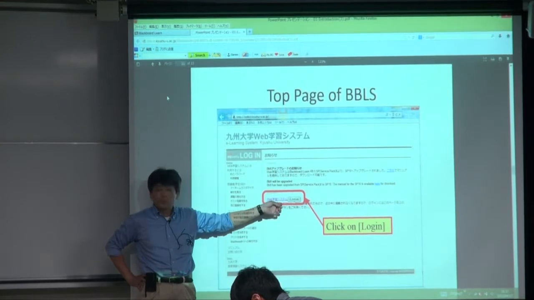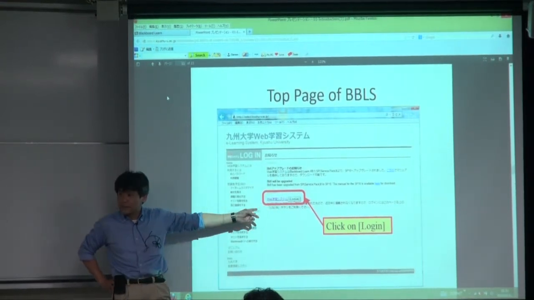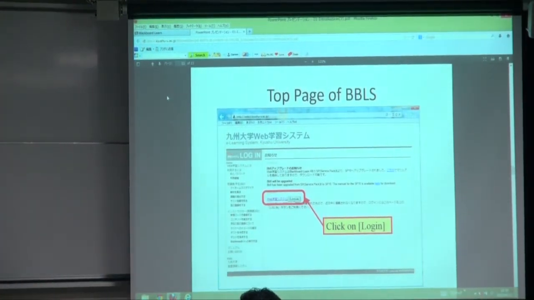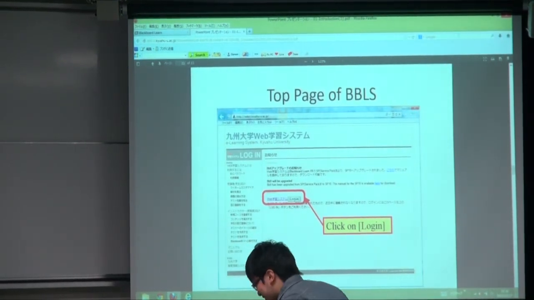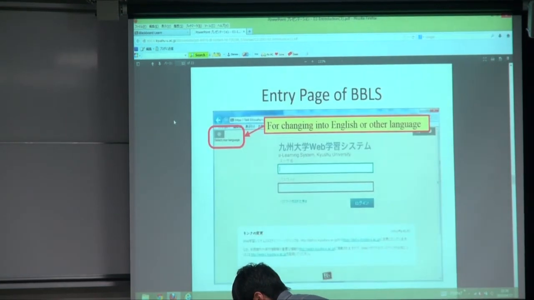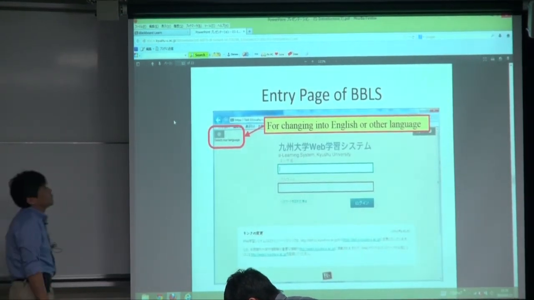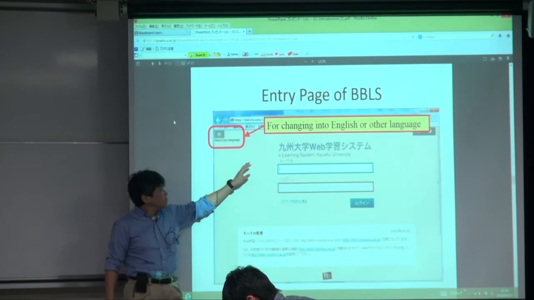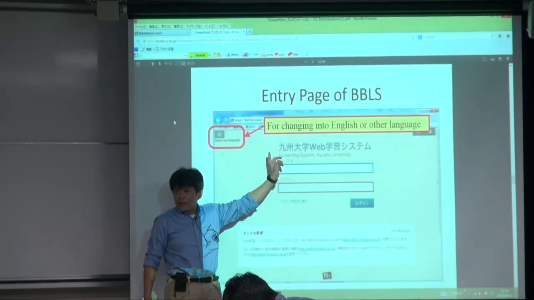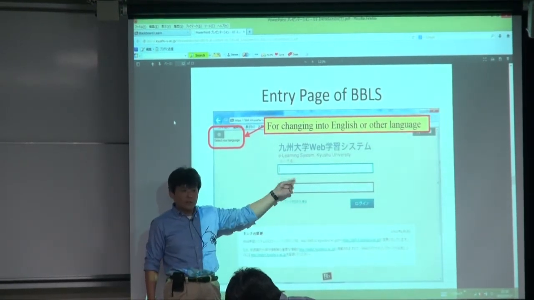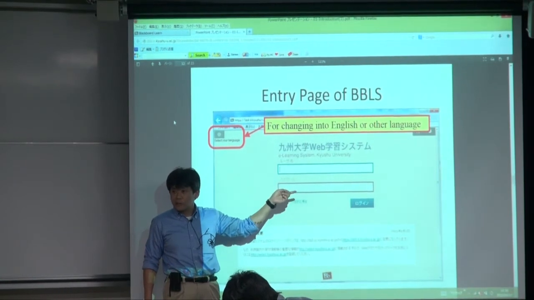And click this login button. You can also find the entry page for Blackboard learning system. You have to enter your ID and password. The ID is your SSOK ID.